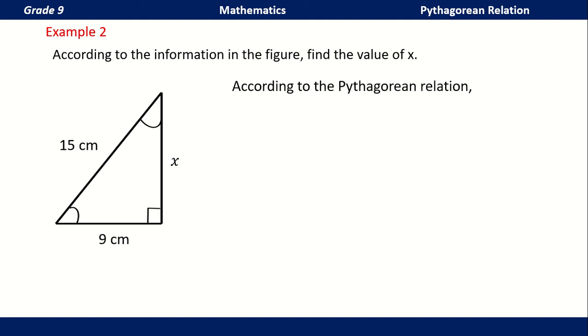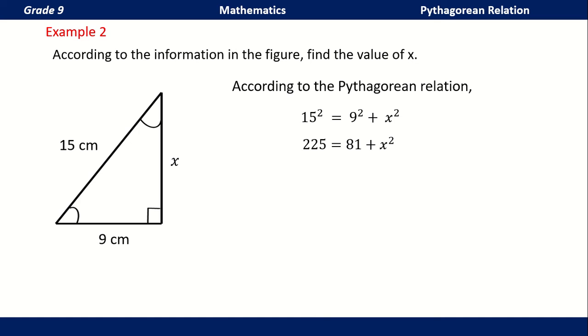So we can write the Pythagorean relation for this triangle as here: 15 squared should be equal to 9 squared plus x squared. By finding the squares, you may find that 15 squared is 225 and 9 squared is 81. So 225 equals 81 plus x squared.